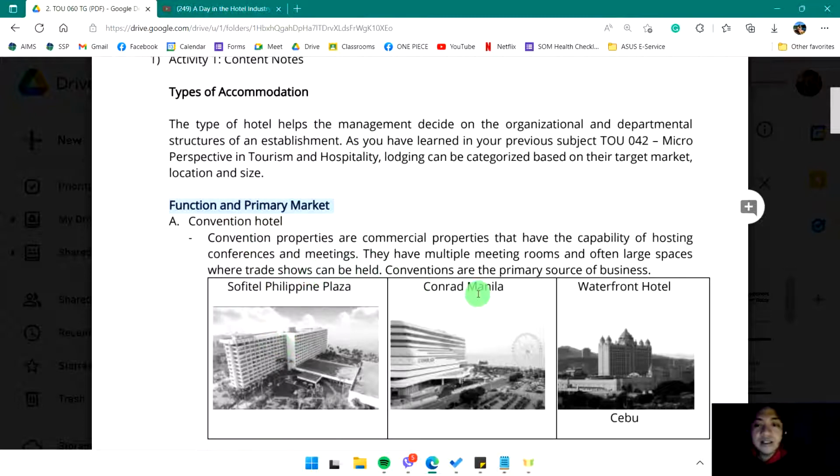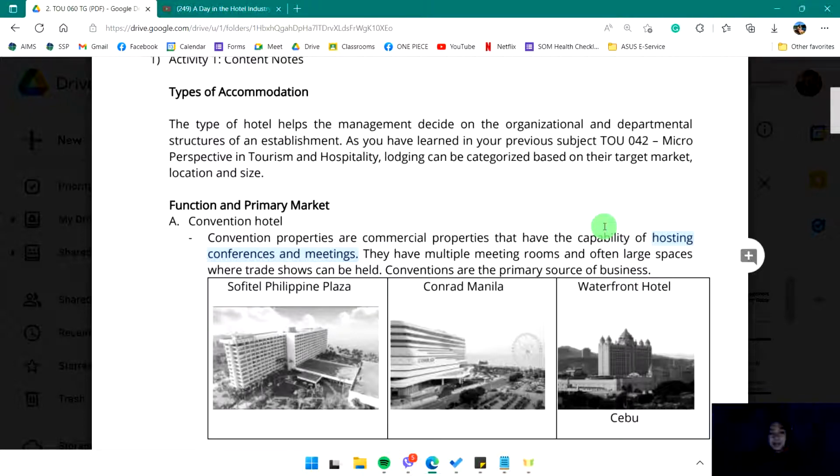Convention hotels are typically used or have the capabilities of hosting conferences and meetings. So ibig sabihin, ito yung mga types of accommodations na maraming klase ng meeting rooms, tulad nga sabi dyan, di ba? Large spaces, function rooms, ganyan, wherein conventions can be done.